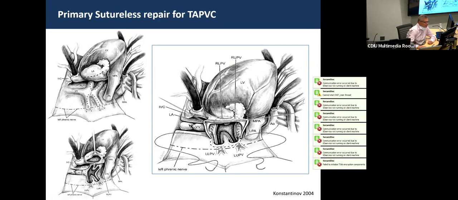So the left atrium is opened, the pulmonary veins are opened, and then you're going to connect the edges of the left atrial incision, shown here, to the dotted line, which, as I said, is to the pericardium, not to the pulmonary veins.